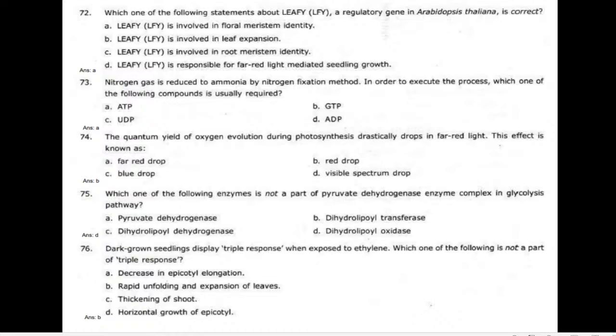First we want to know what the triple response is. Except for answer B, all the others are about the triple response: decreased cortical elongation, thickening of the shoot, and horizontal growth of the epicotyl. The one not relevant to the triple response is answer B, rapid unfolding and expansion of leaf.